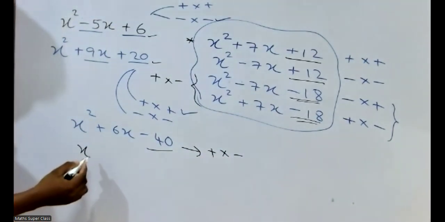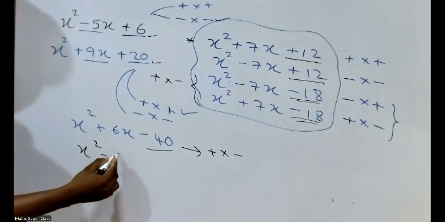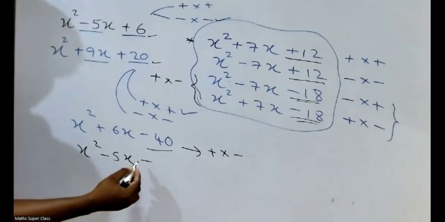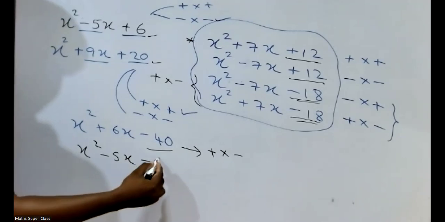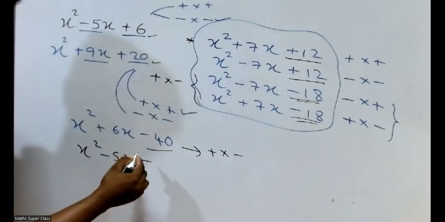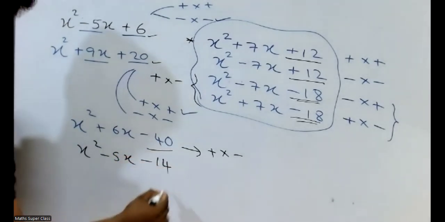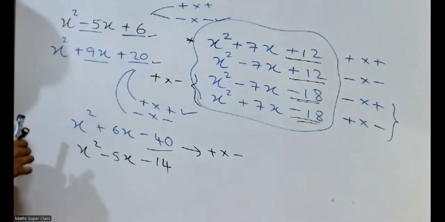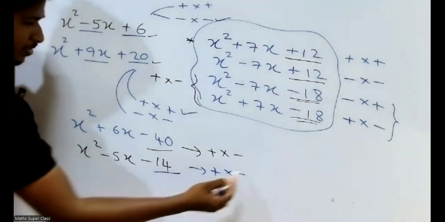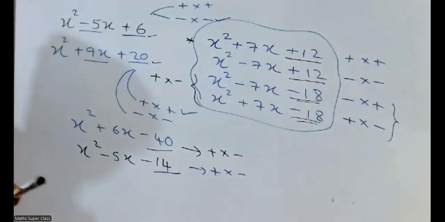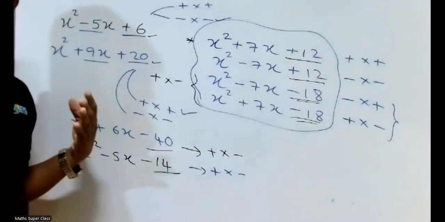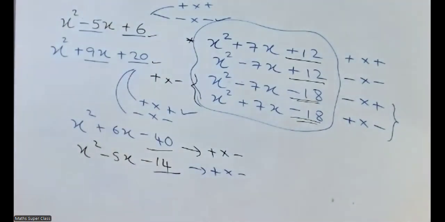Here, this is minus, so there is no doubt the factors are plus and minus. First thing is you have to identify, as we just discussed, whether those two factors are plus or minus. Is it clear generally?